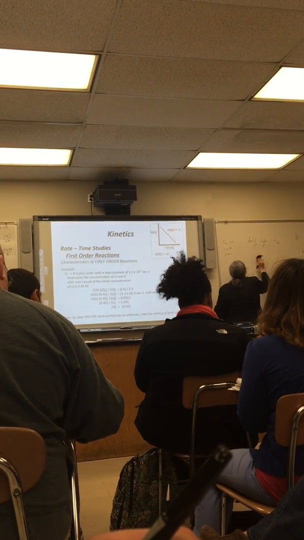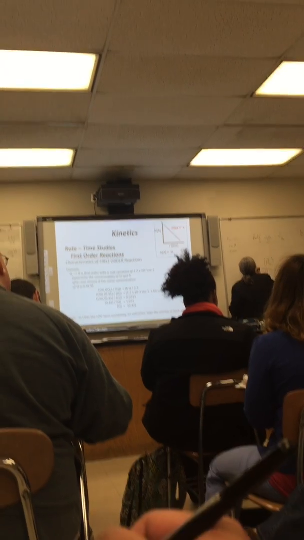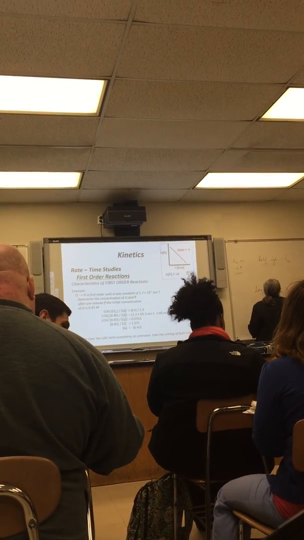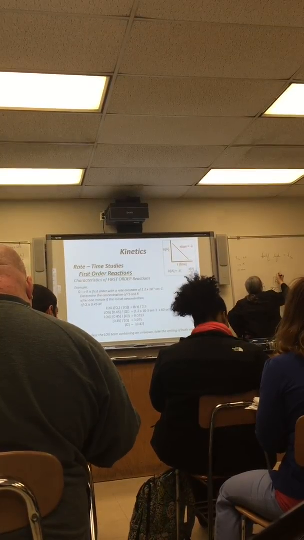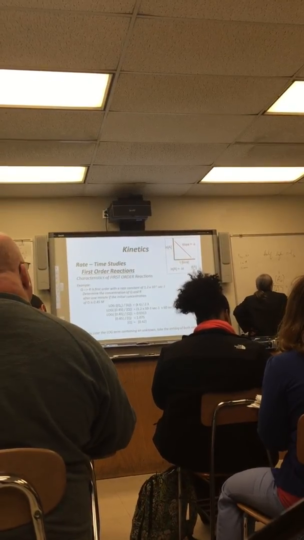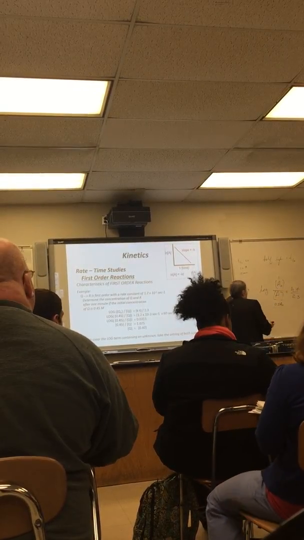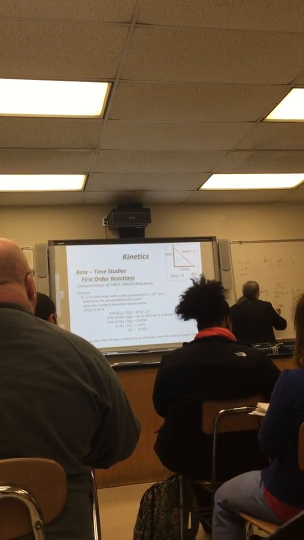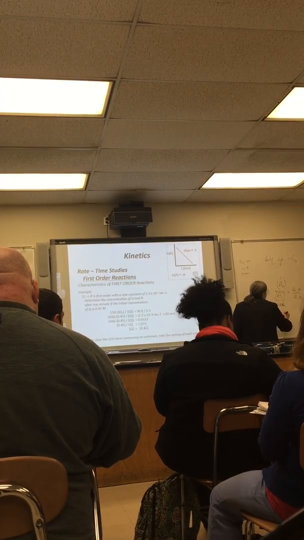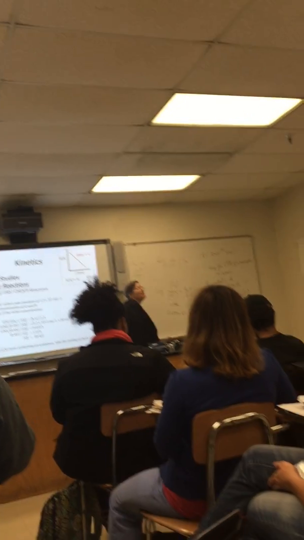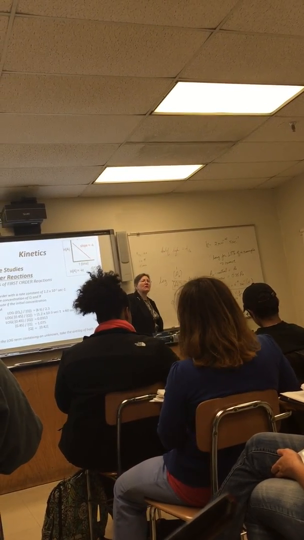If I have a relationship that says log of A0 over A, and this is 1 and this is 0.5 A0, then mathematically we worked this out so that we had a constant, about 0.693, is equal to KT. And that would be the relationship you'd have for the half-life for a first order reaction.